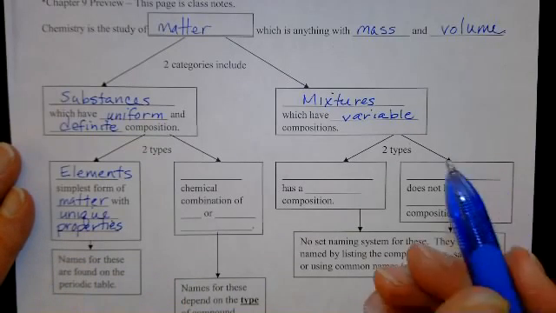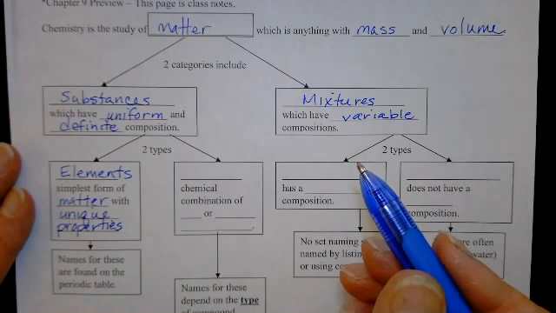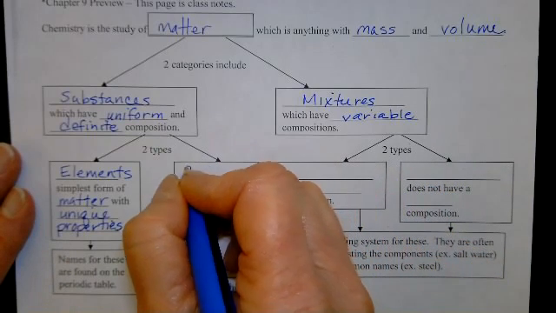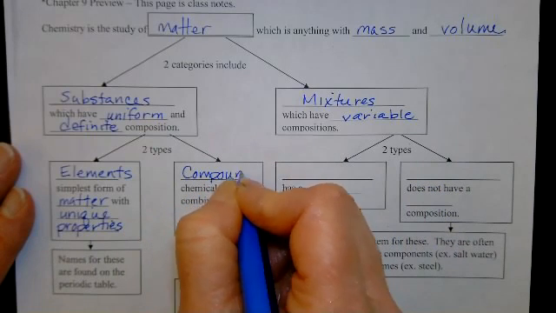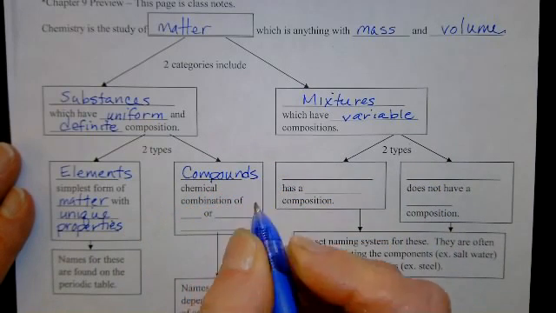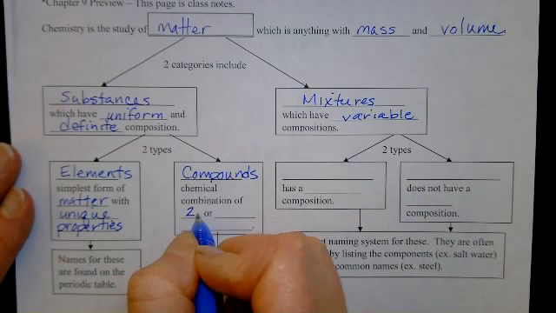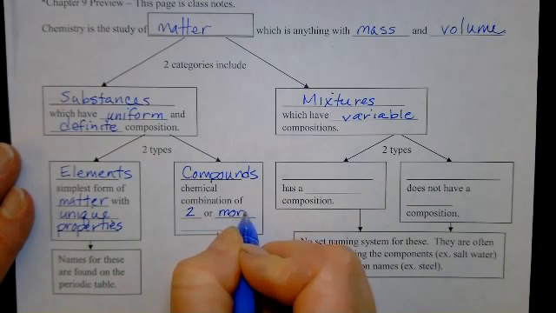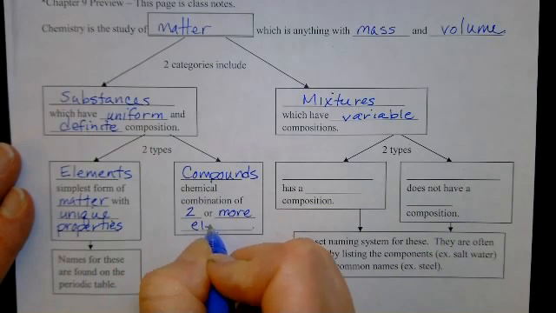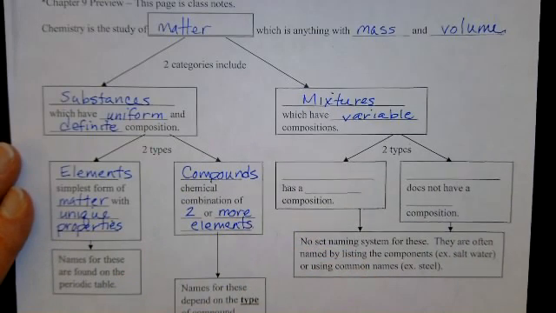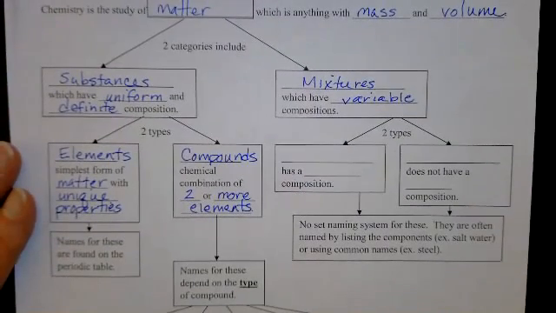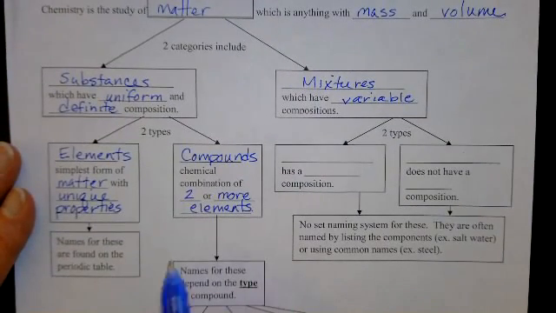Okay? The other type of substance is compounds. So compounds are chemical combinations of two or more elements. And the names for these are going to depend on the type of compound. I'll get to that in just a minute.